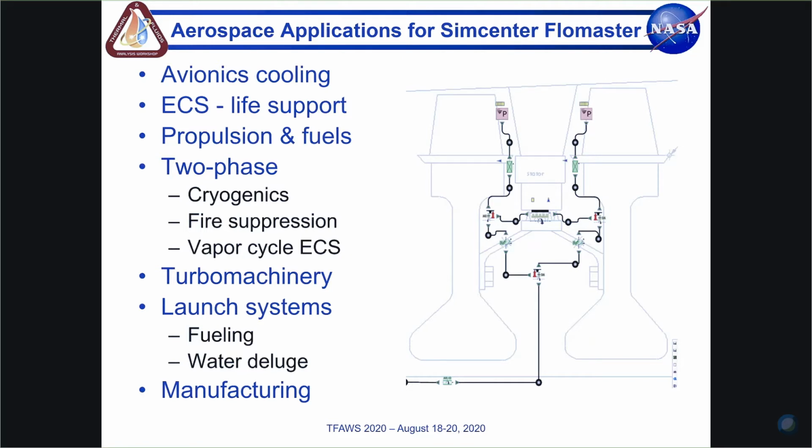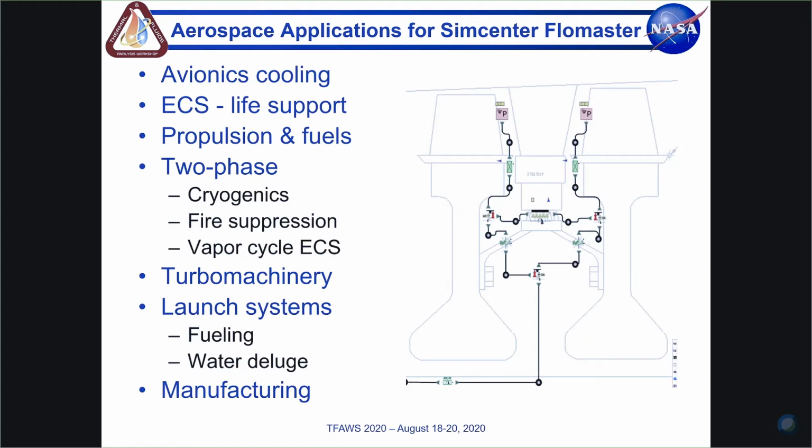In terms of applications for SimCenter Flowmaster in aerospace, the big ones for us tend to be things like avionics cooling, environmental control systems and life support, propulsion and fuels, really anywhere that liquid or fluid is flowing. For two-phase analysis, things like cryogenics, fire suppression, vapor cycle, environmental control are all relevant.